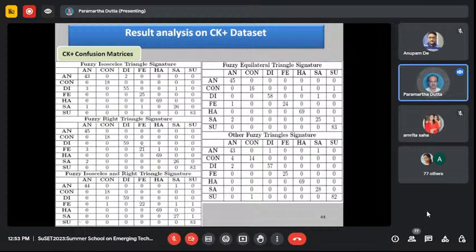With fuzzy right triangle, this is your confusion matrix, and so on and so forth. So corresponding to 5 types of fuzzy triangles or fuzzy triangulation, there are 5 separate confusion matrices corresponding to CK plus. Clear? Okay.